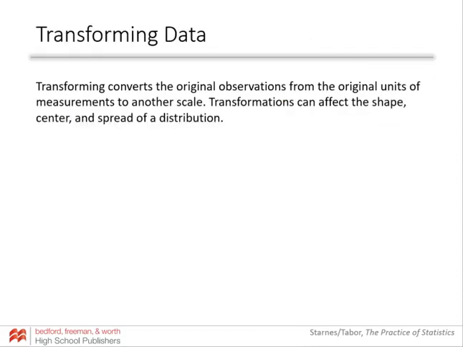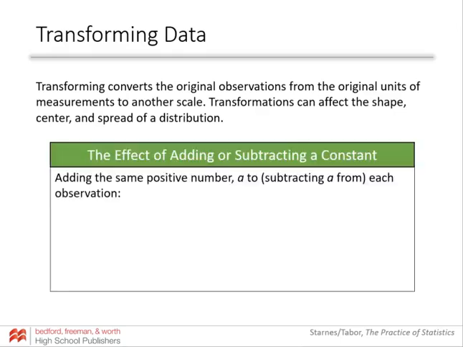Okay. All right, and then the last thing we're going to look at is transforming data. Sometimes we have to change units of our data or some other scale, like metric system versus the US system, or Fahrenheit to Celsius, things like that. And so we want to look at when we have to transform our data, what does that do to our distribution? Okay, so one thing we can do is we can add or subtract a constant.